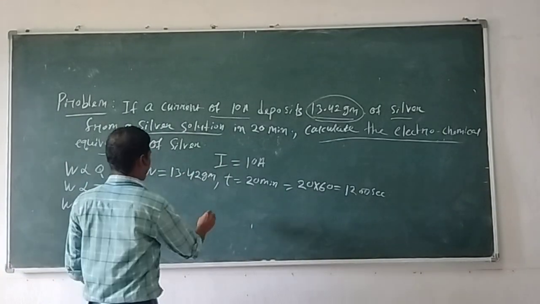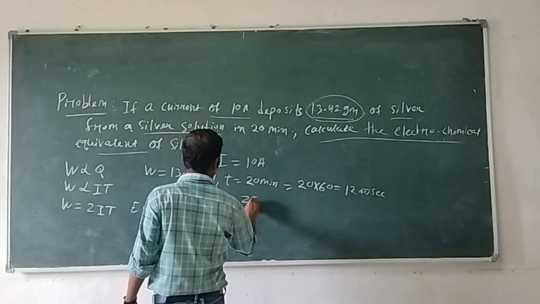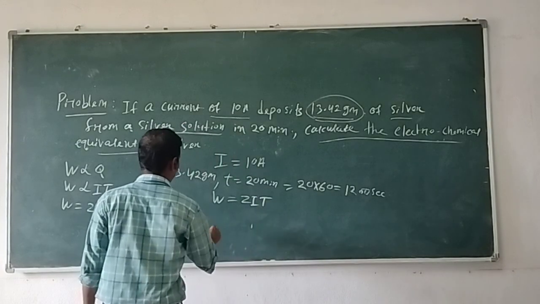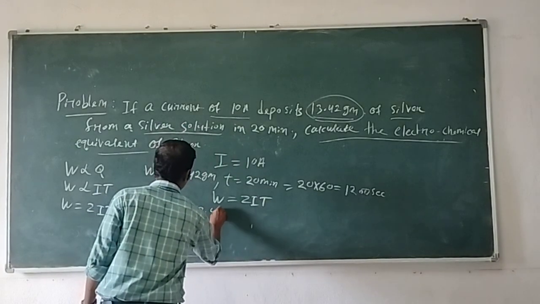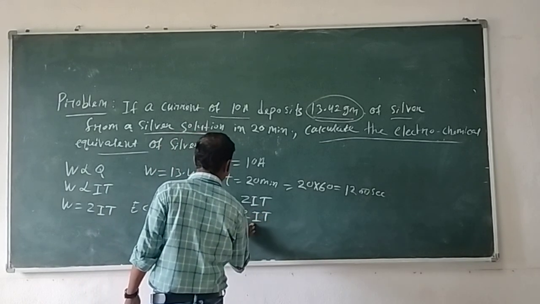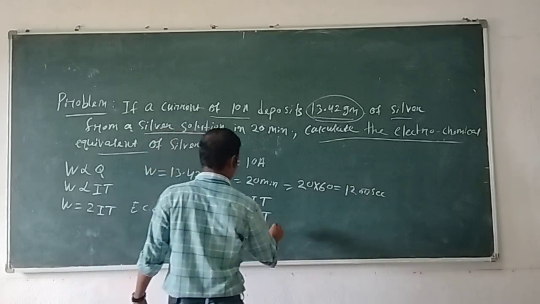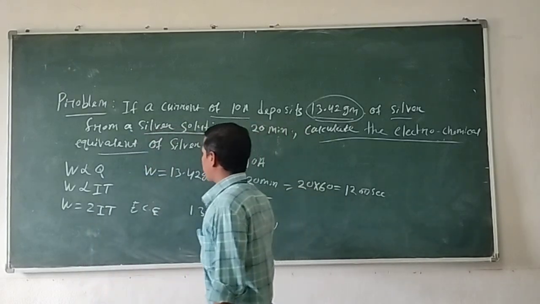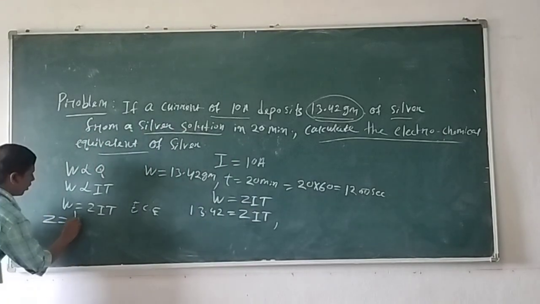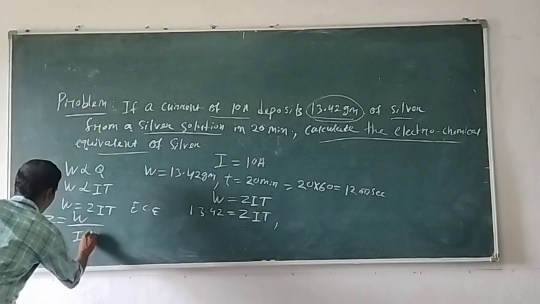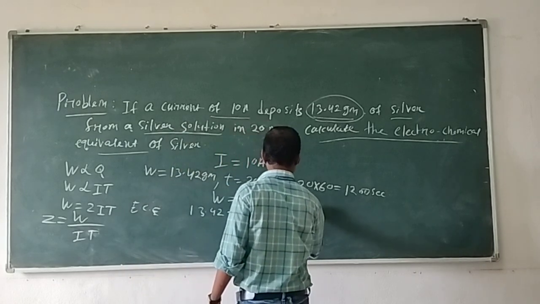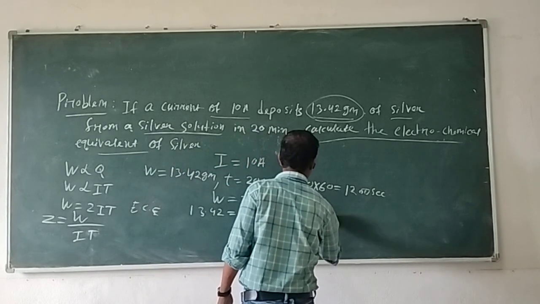So W equal to Z into I into T. Here W is already given as 13.42 gram. So 13.42 is equal to Z into I into T. So Z equal to W by IT.